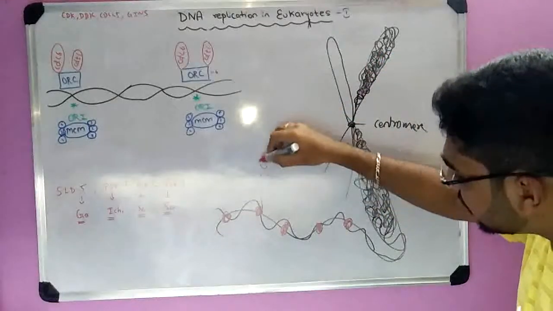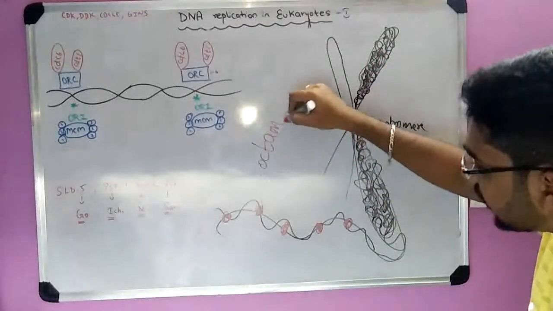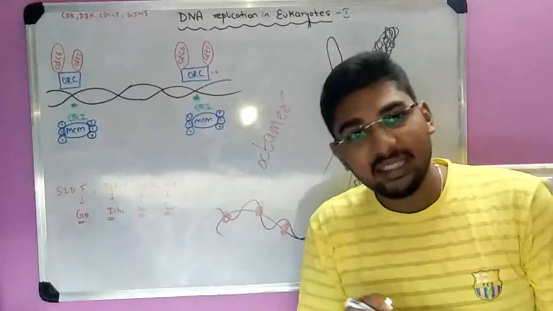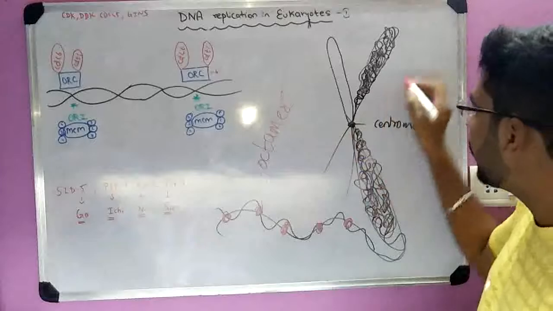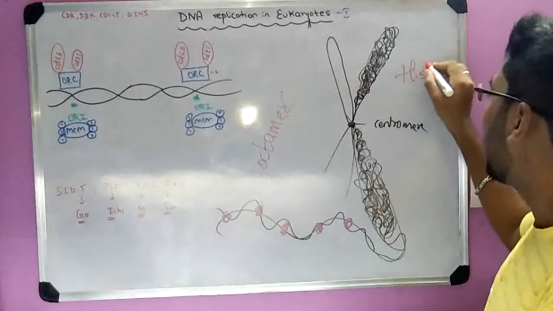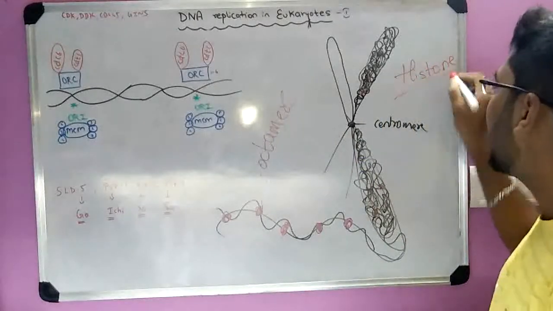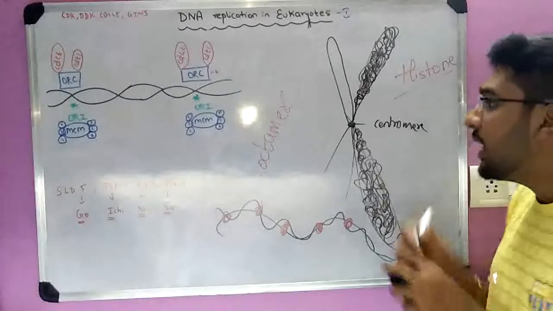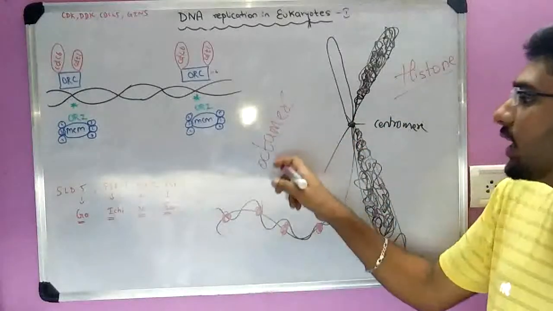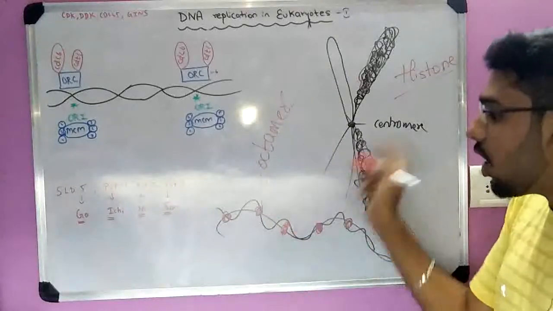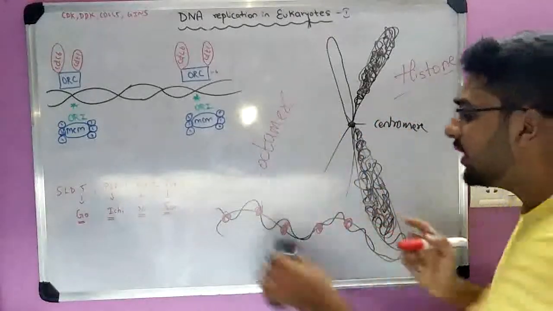Octa means 8, so there are 8 subunits of histone proteins. 8 histone proteins come together to form a unit known as octamer, and this octamer is coiled by the DNA.